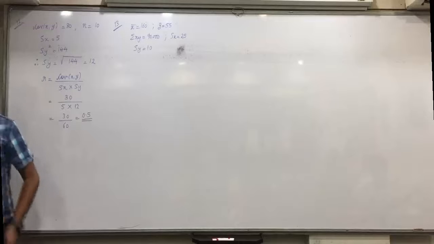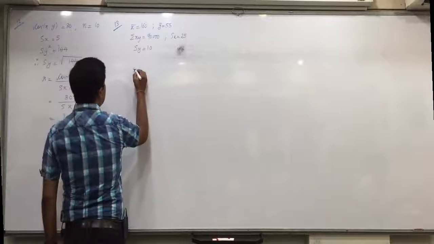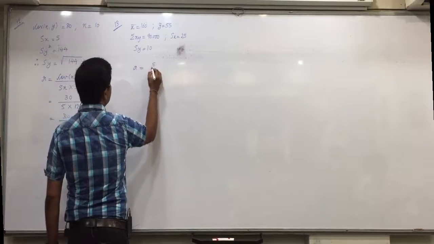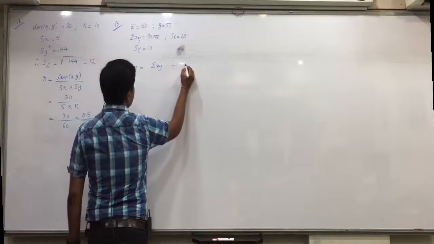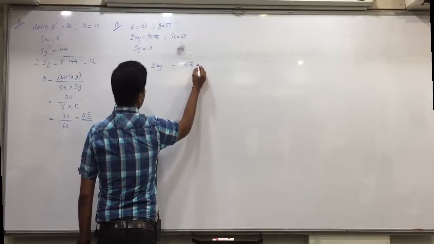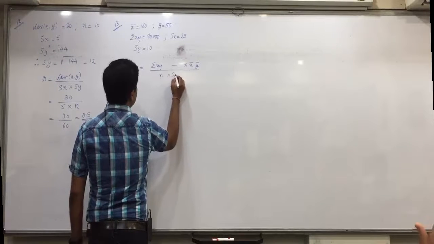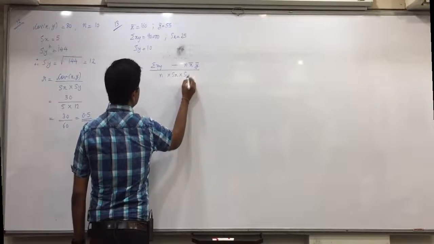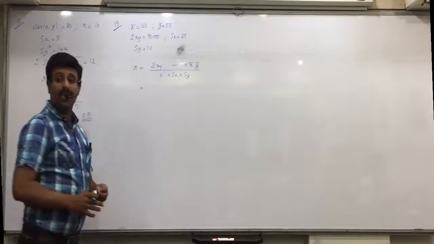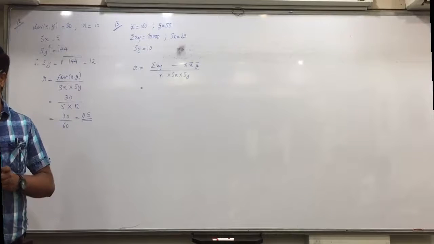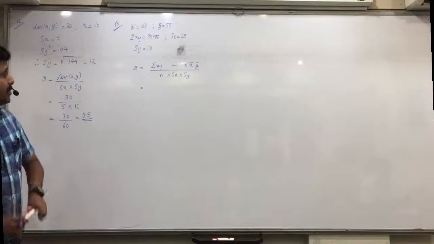Direct application of formula is there. So r is equal to sigma xy minus n x bar y bar upon n into Sx into Sy. Okay, direct application of formula is there. Right, everyone? So I put the values.